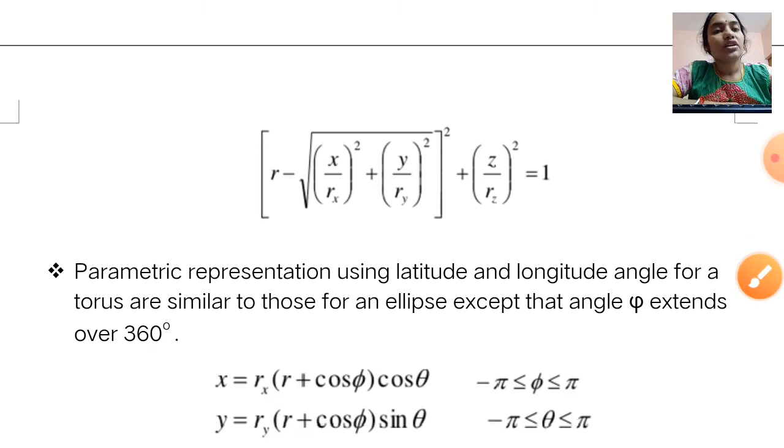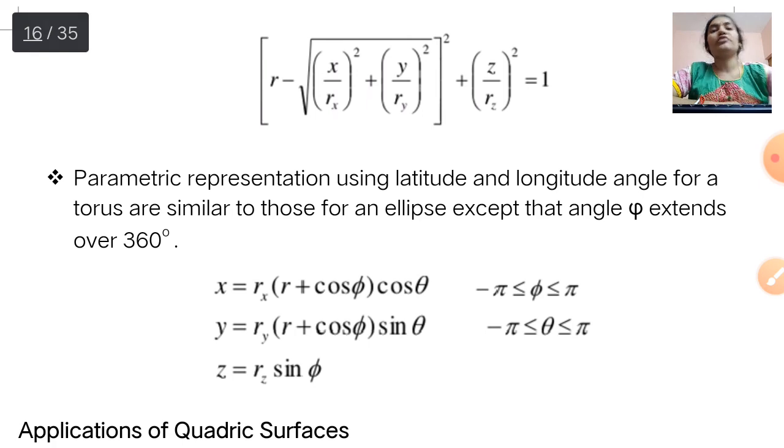According to this formula, it can also be represented in parametric form using the latitude and longitude angles for a torus, which are similar to those for an ellipsoid, except that angle phi extends over 360 degrees. So x equals rx into (r plus cos phi) into cos theta, y equals ry into (r plus cos phi) into sin theta, and z equals rz sin phi.